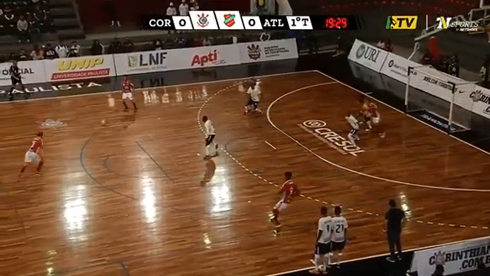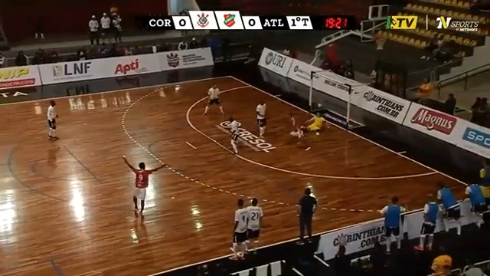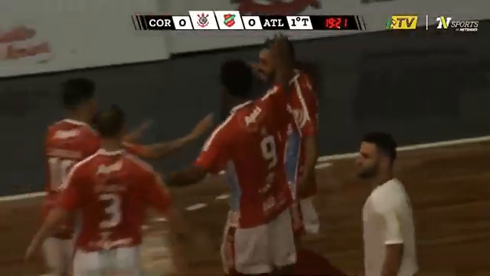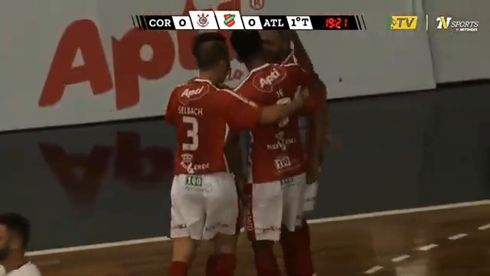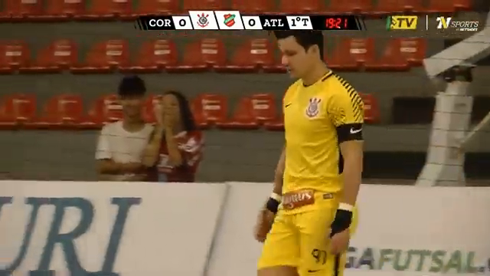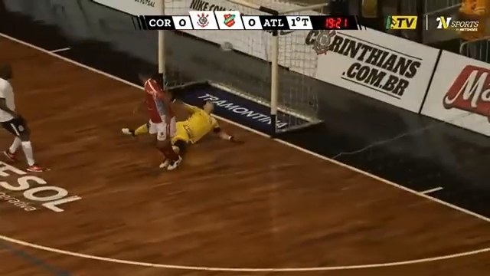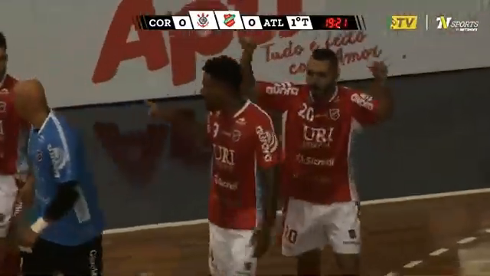That's what I shared with you. So let's have a quick look at how Corinthians and Atlético are defending and where they are defending.